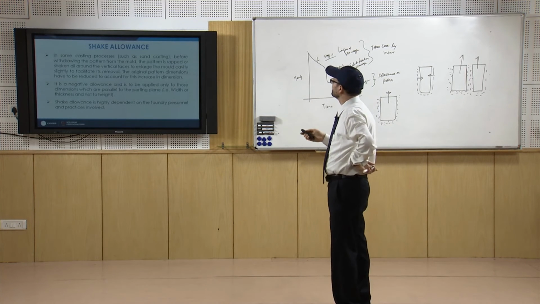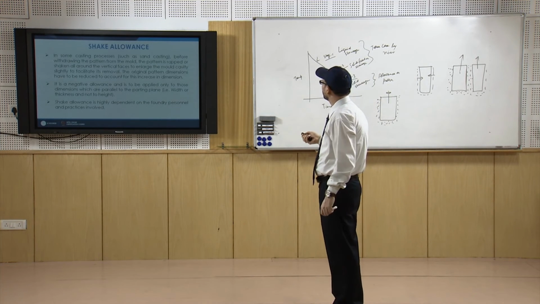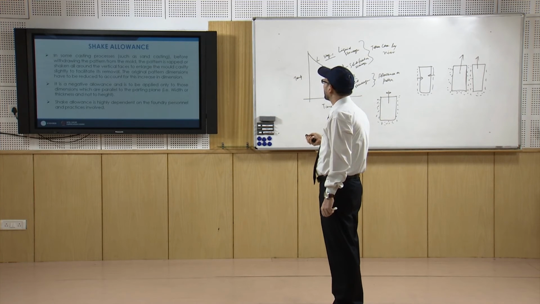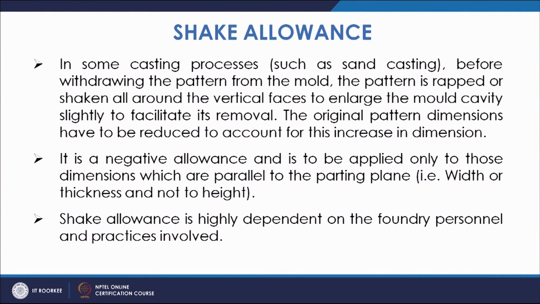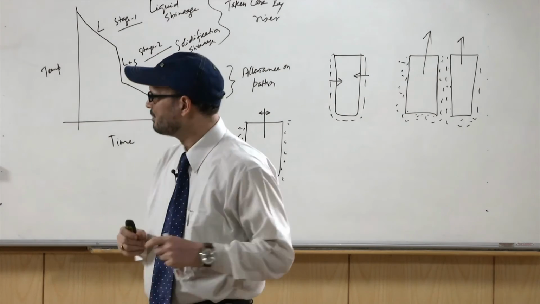In some casting processes like sand casting, before withdrawing, the pattern is wrapped or shaken all around the vertical faces to enlarge the mold cavity to facilitate its removal. This way the original dimension is increased, that is why we give a negative allowance, so that once you enlarge it, you can have the casting of proper dimension.